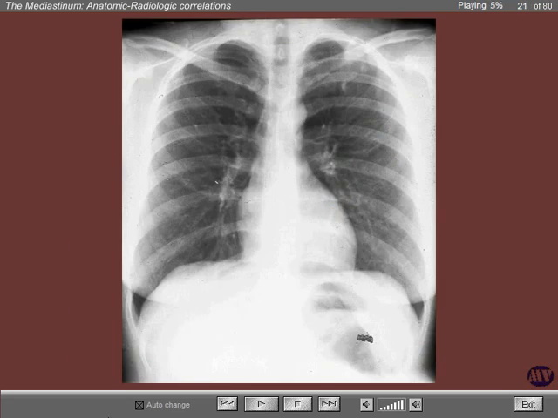In this frontal view of the chest, we note that the anterior junction line appears as a vertical stripe. On both sides, we see the anterior and medial position of the right and left upper lobes. Note the shortness of this line, and as it is visualized towards the heart, it diverges and disappears.